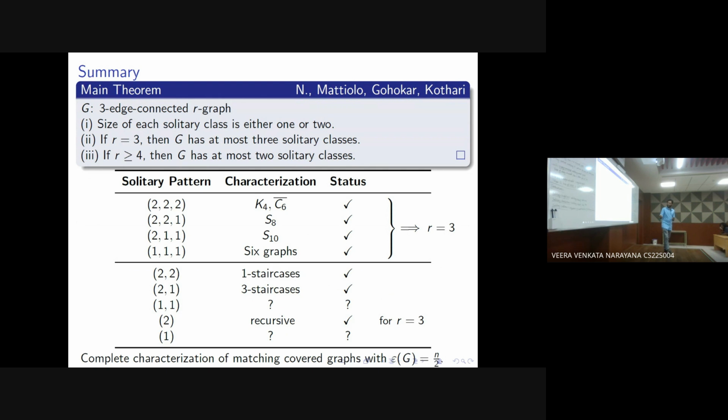This is also related to solitary classes, because the moment you have an equivalence class of size n over 2, it is a solitary class. I gave a proof sketch of this in my teammate talk last time. Yeah. So here is a summary of what we have done. Of course, in this talk I only presented the proof of the main theorem and a proof sketch of pattern 2.